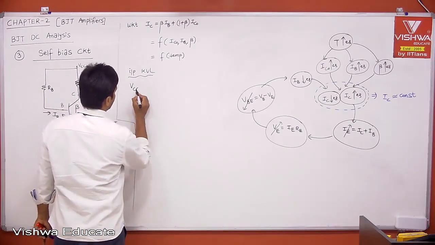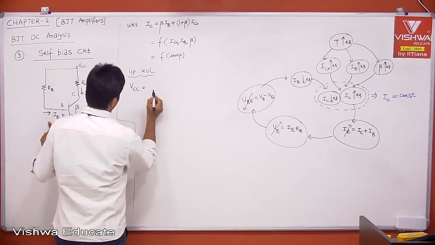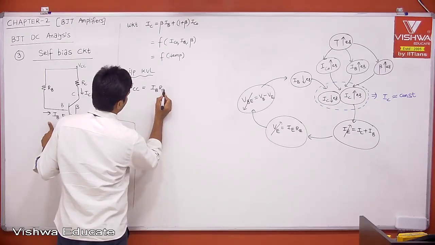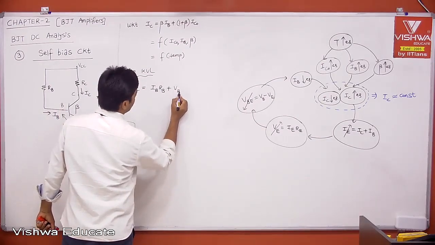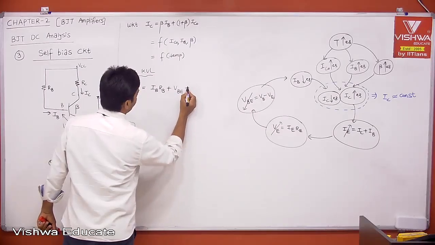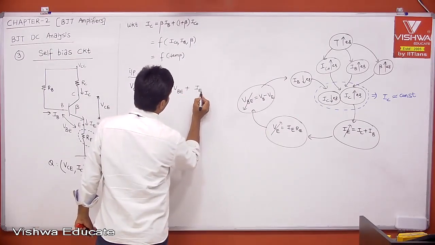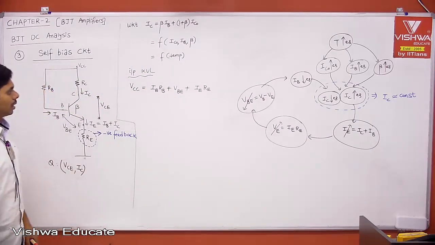VCC is equal to drop across RB, which is nothing but IB into RB, plus drop across transistor VBE, plus drop across RE, that is nothing but IE into RE, right?